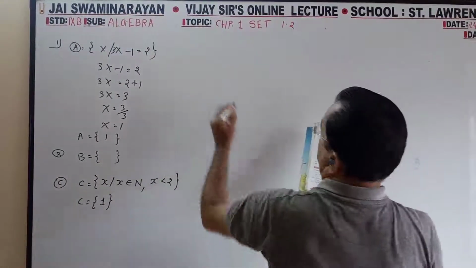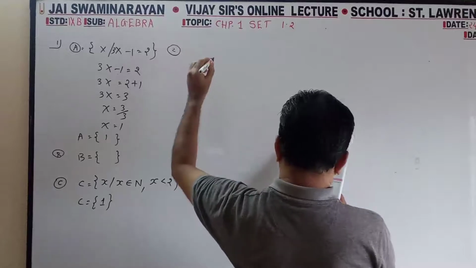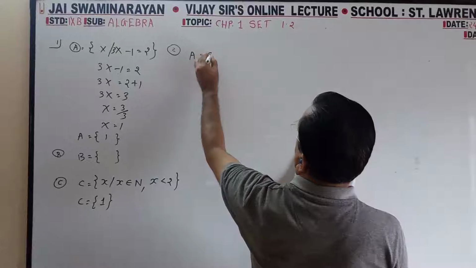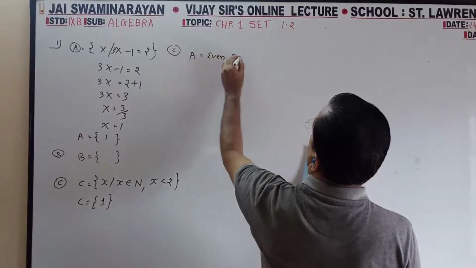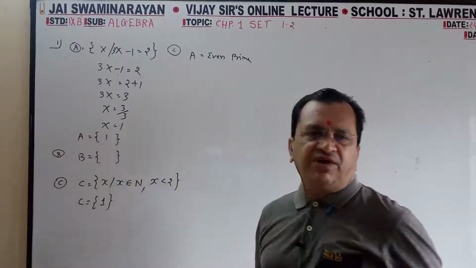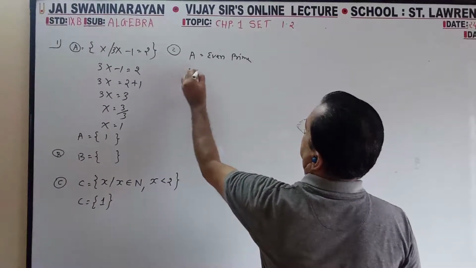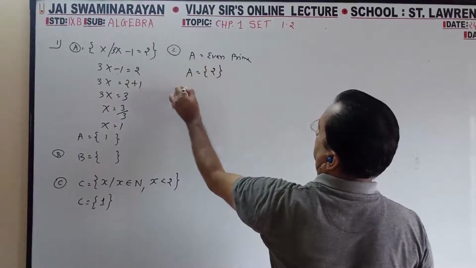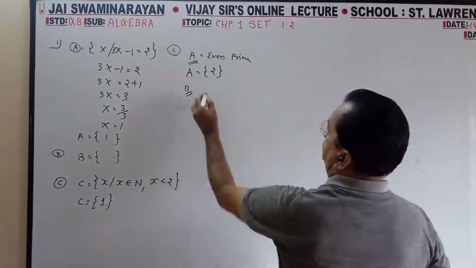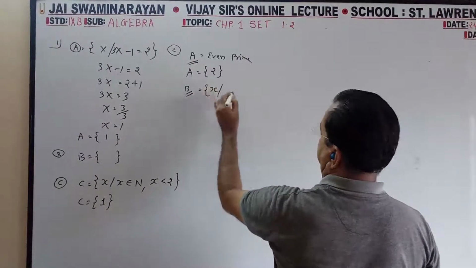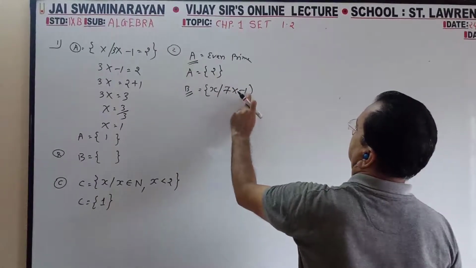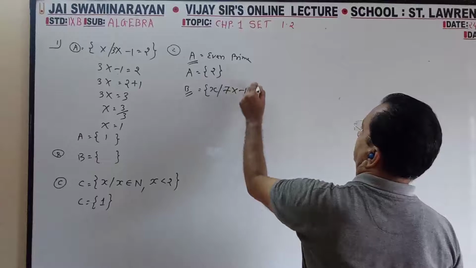So second question, A is even prime. There is only one even prime, which is 2. And now B they have given: x belongs to N, 7x minus 1 is equal to 13.